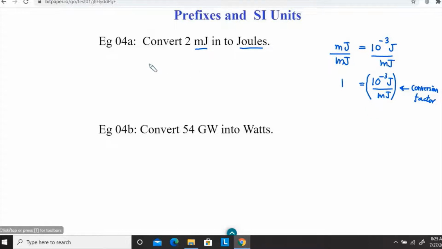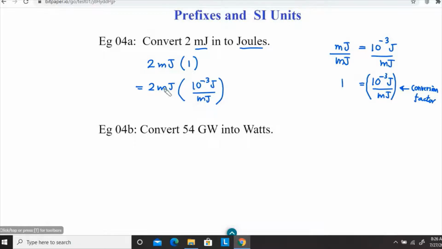So here, this is what I'm going to do. I'm going to write 2 millijoules and I want to convert into joules. So I'm going to multiply it by 1 and you can see it's not going to make any change. But now I know that 1, according to our conversion factor, can be written as 10 to the power minus 3 joules divided by millijoules, because this conversion factor is equal to 1.